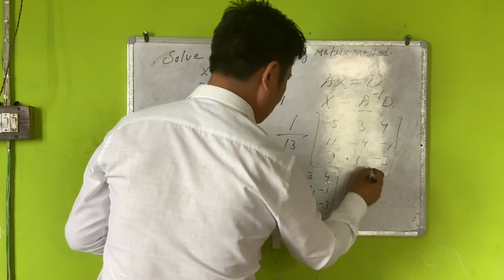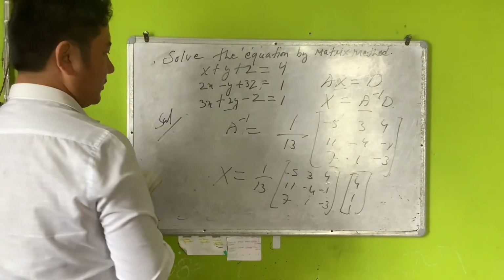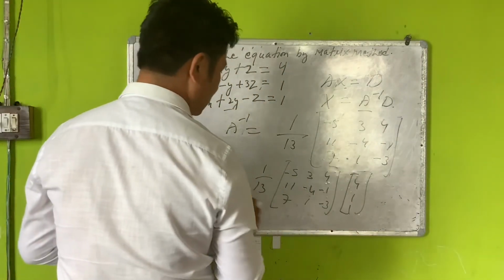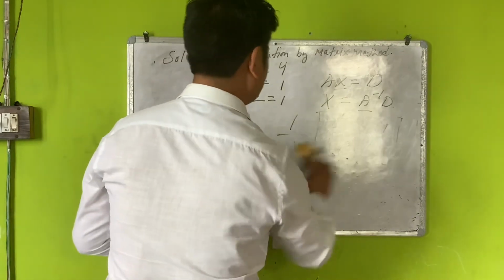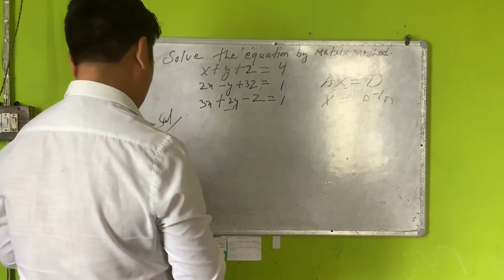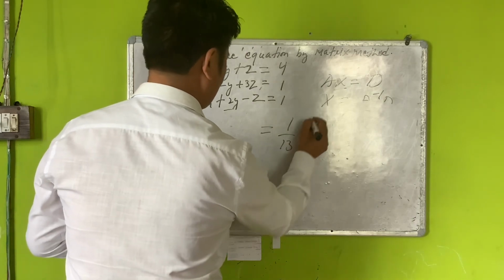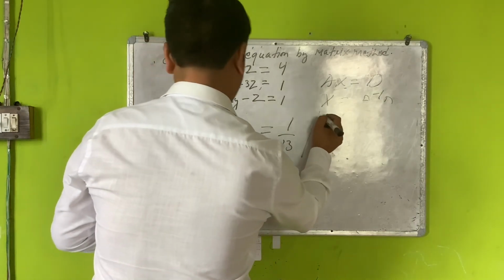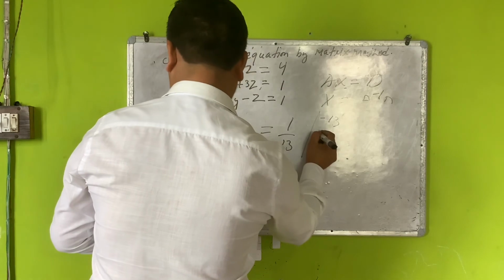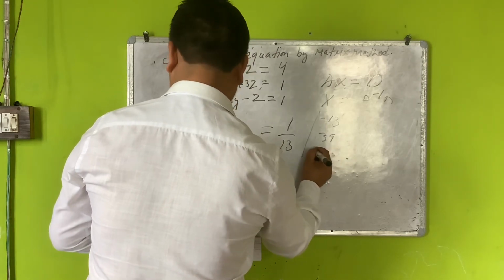When you multiply this and this, it will be 1 by 13 into minus 13, 39 and 26.